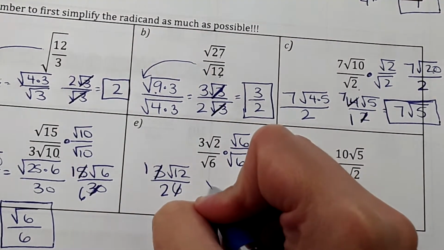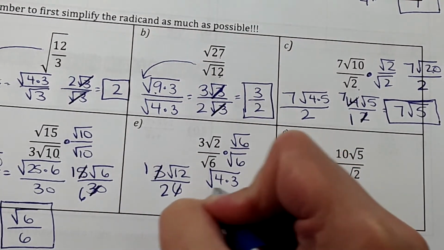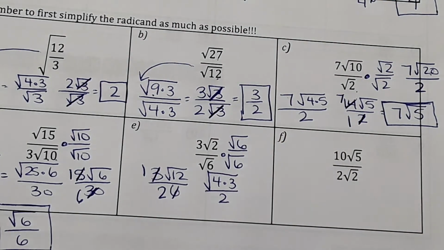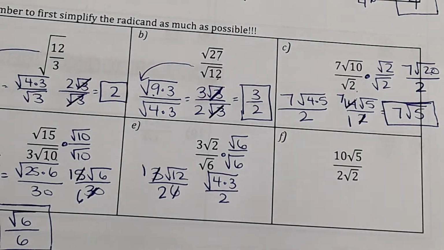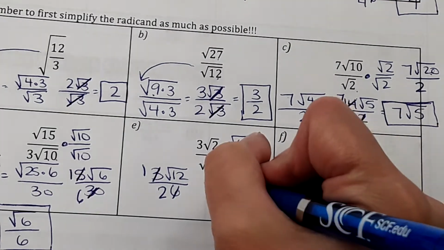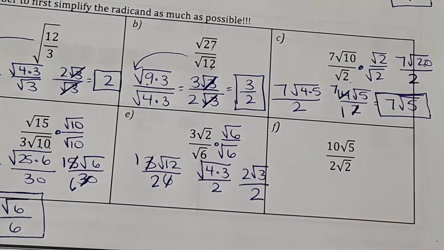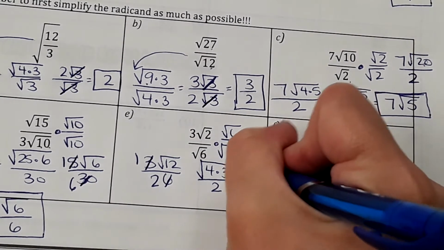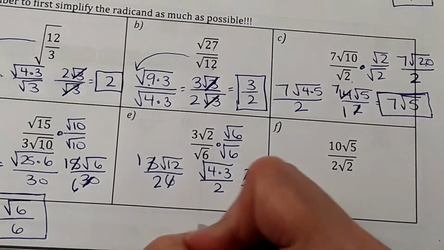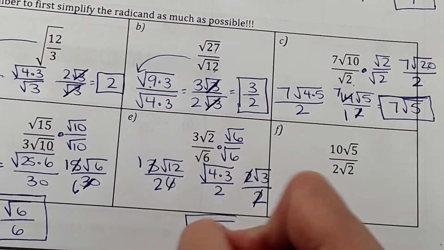Then square root of 12 can be broken up as 4 times 3 over 2. Square root of 4 would be 2 square root of 3 over 2. And then the 2's cancel. And we just are left with square root of 3.